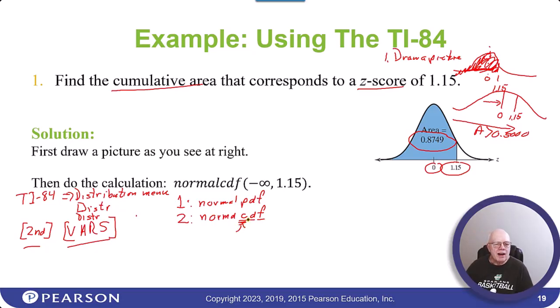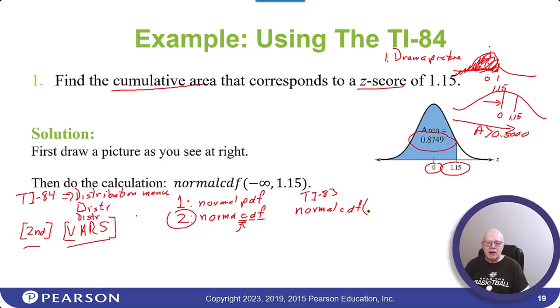Now, once you're there, I'm going to give the instructions in case someone has a TI-83. If you have a TI-83, this is what you'll need to do. As soon as you hit the 2 to get the normal CDF, on your screen, you'll see normal CDF and a left parenthesis.